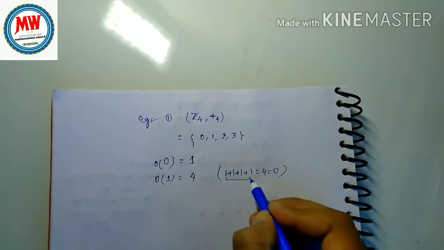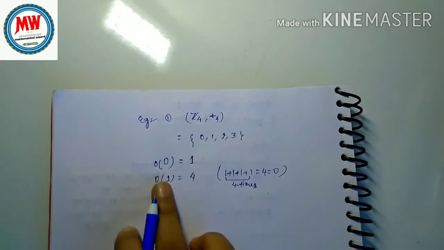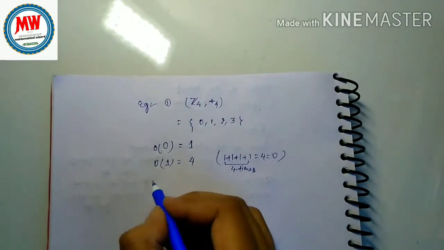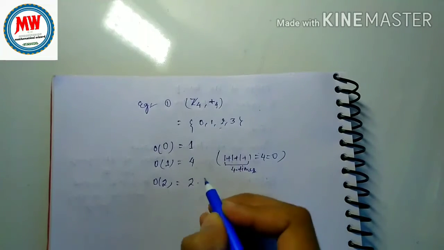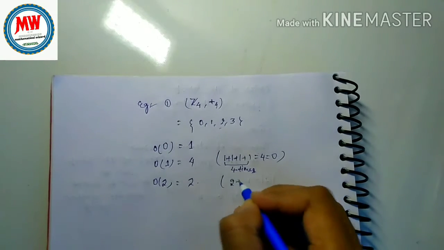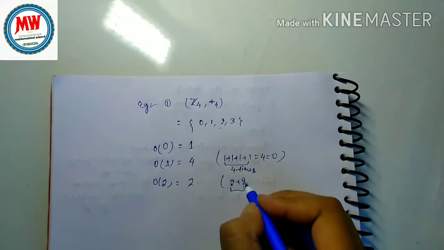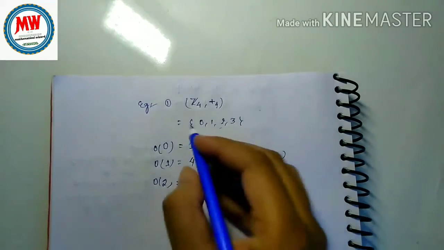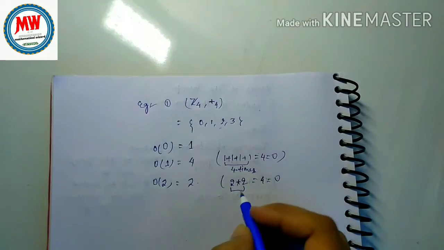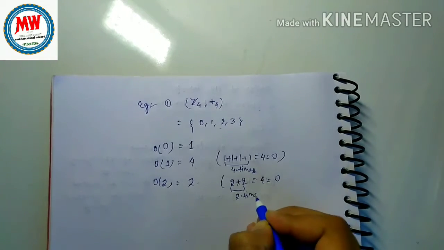So here it is 4 times, so order of 1 is 4. Order of 2 is 2, because you have to add 2 at least 2 times to get 0, which is the identity element here, and 4 is equal to 0.